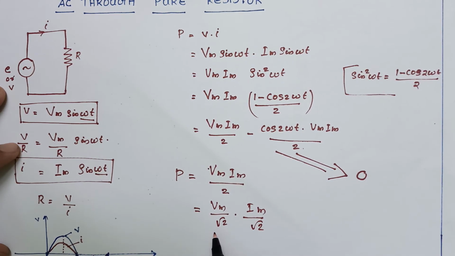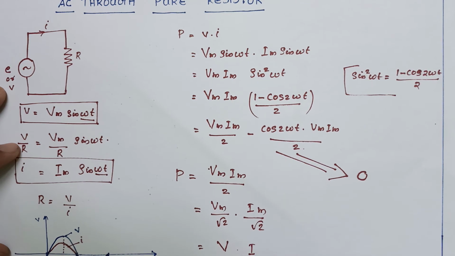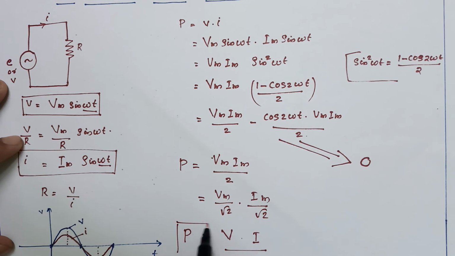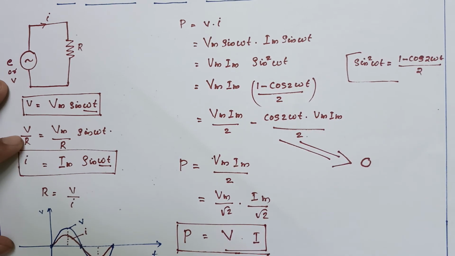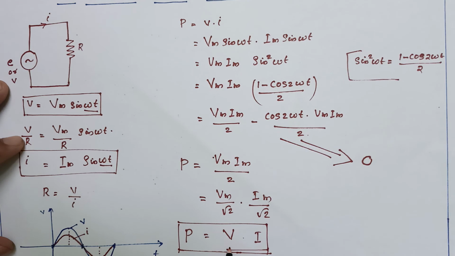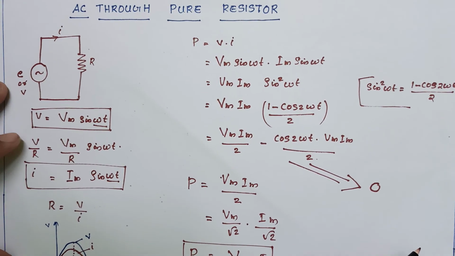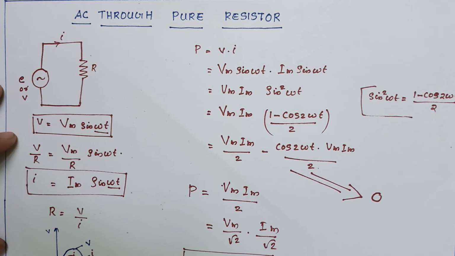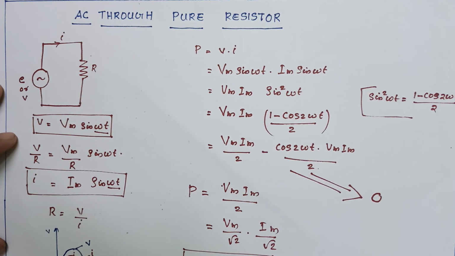It is nothing but the RMS value of voltage, which can be represented as capital V, and Im by root 2 is the RMS value of current, which we represent as I. So the equation for power in a pure resistance, or a resistor, will be P is equal to V into I. So these are the major things about a resistor when an alternating current is flowing through it.